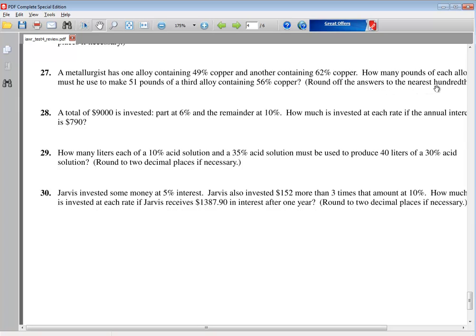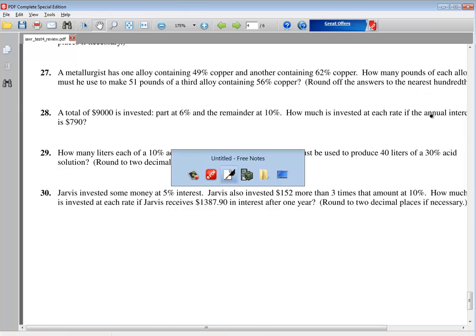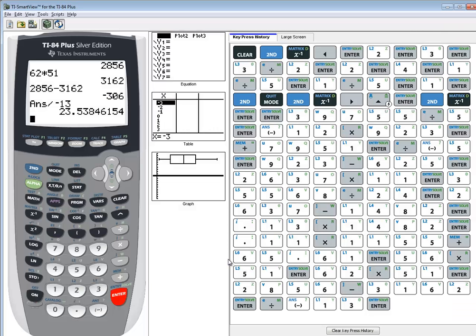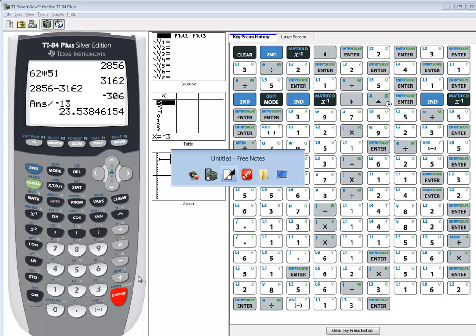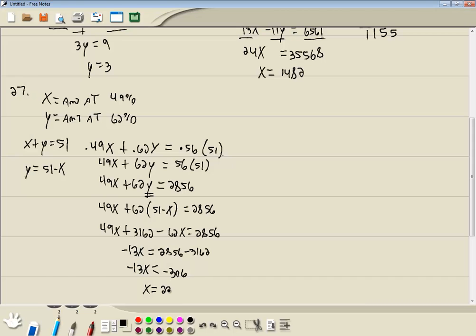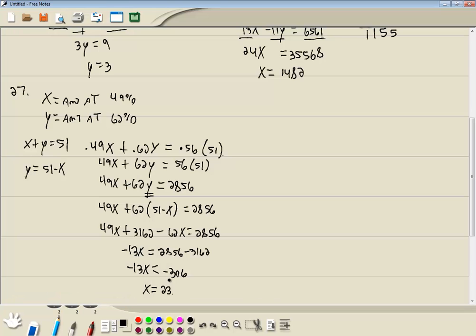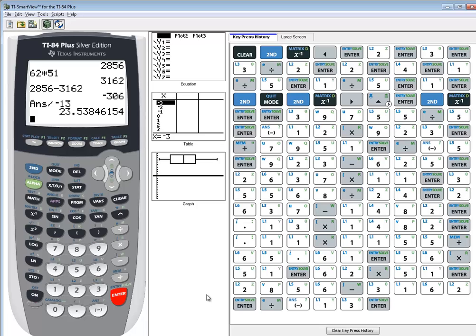Oh, round off answers to the nearest hundredth. Okay, so we got 23.54. It's kind of an indication right there when they give you those instructions, you can come up with decimals. Everything else this section had no decimals, so I assumed this one would be no decimals. So 23.54.